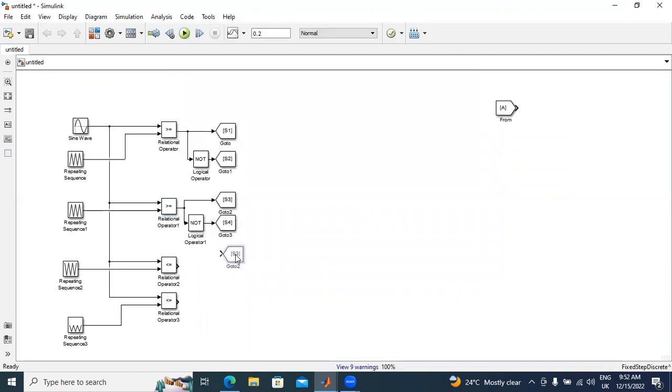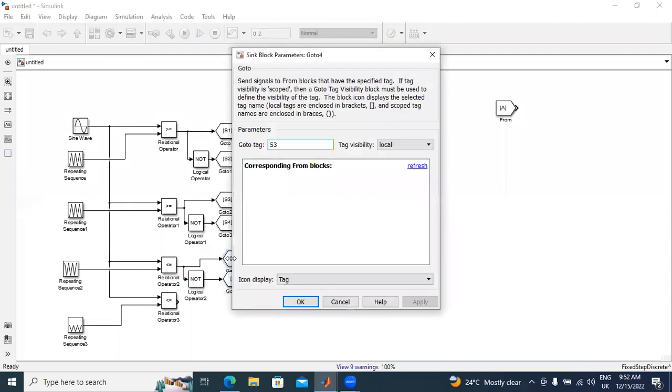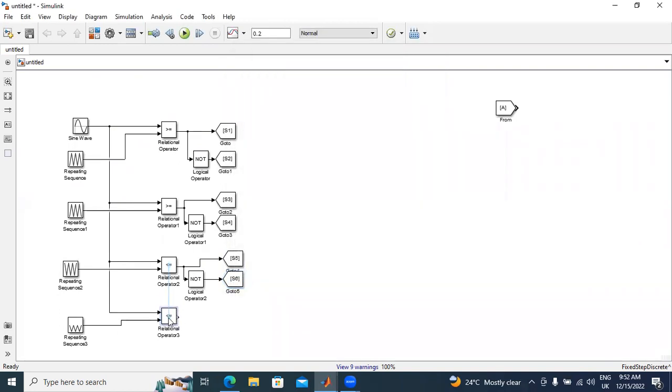Next switch, this switch is S5 and this switch is S6. This switch is S5. This switch is S6. Next, this is the last, S7 and S8 switch.